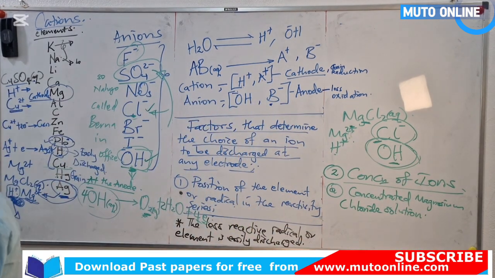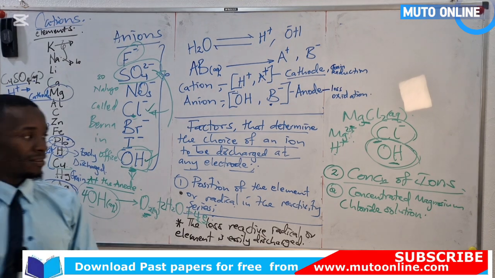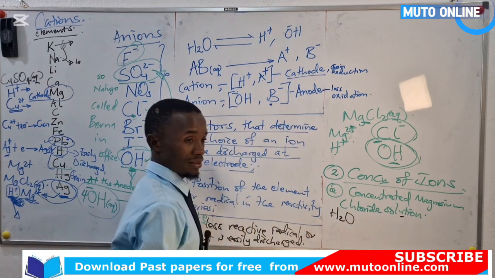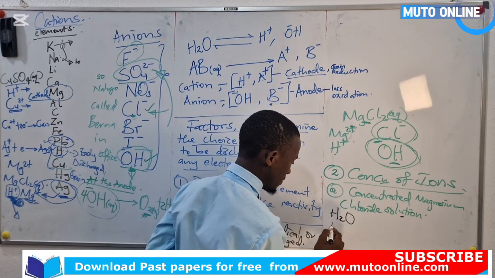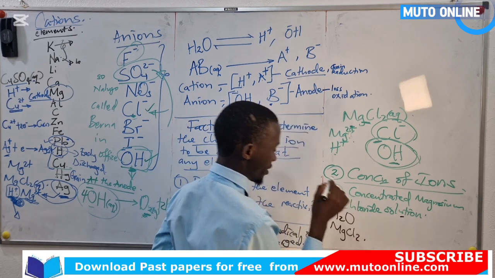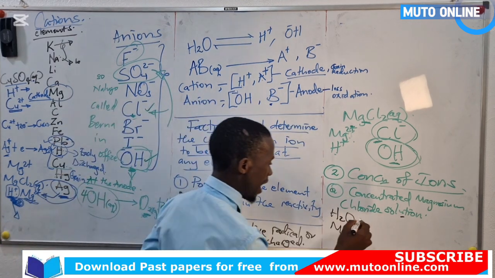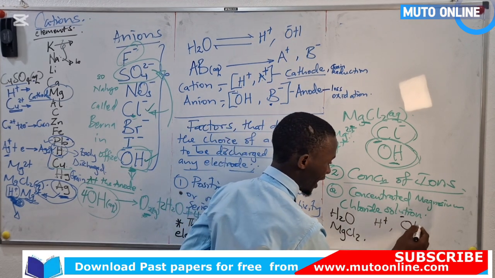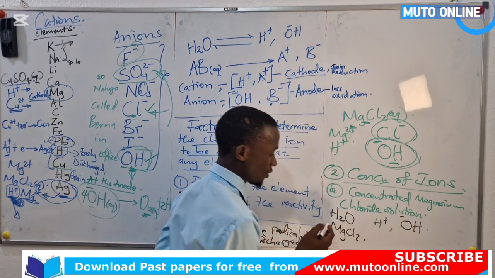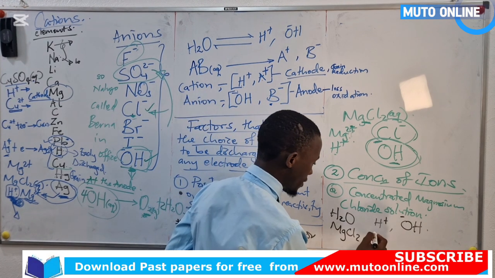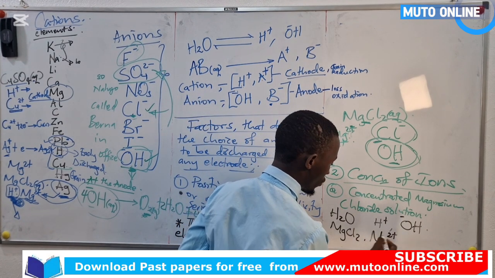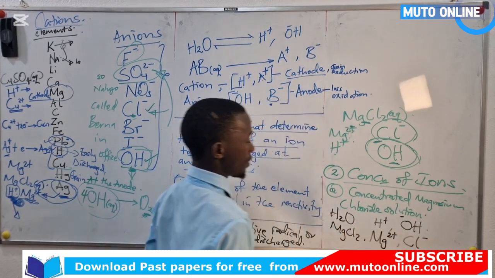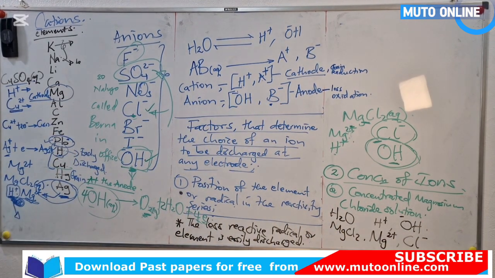So this means that in that electrolyte, being a solution, we have water in it, yes, but it remains a magnesium chloride solid. Yes, we shall have the hydrogen ions from the decomposition of water and the hydroxide ions from the decomposition of water. We shall have the magnesium ions from the decomposition of the magnesium chloride and the chloride ions from the decomposition of the magnesium chloride.